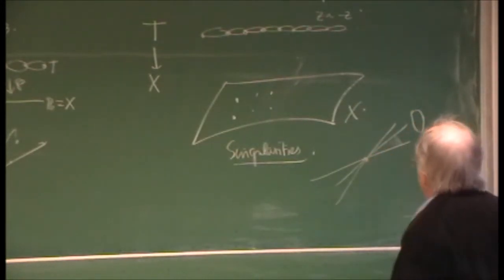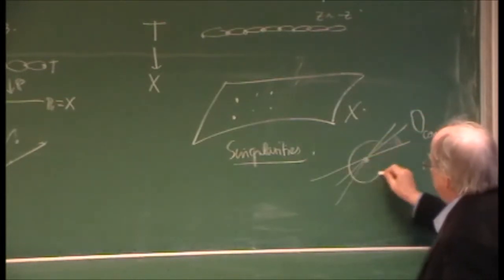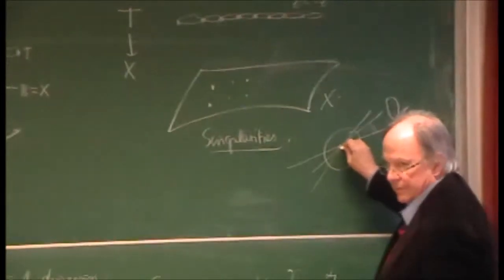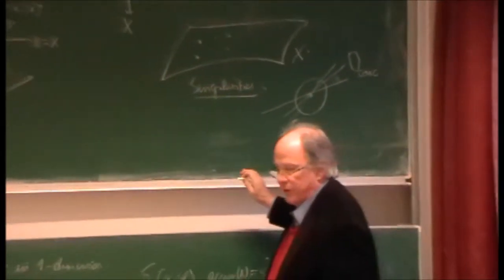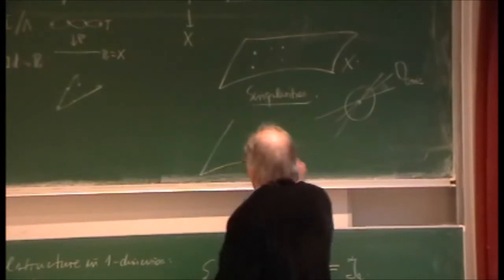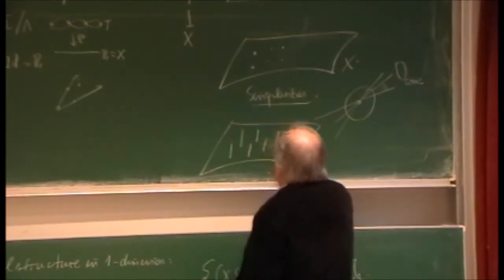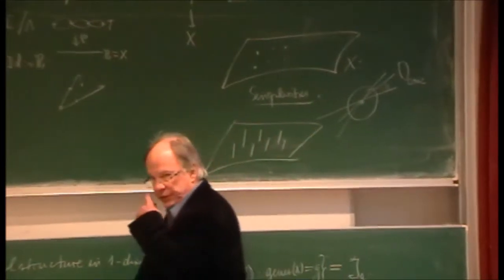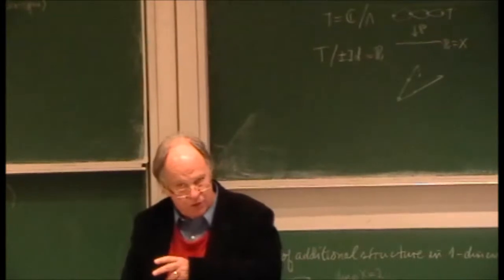Put a smooth conic in P2, go to P3, and look at the cone. That's the singularity. So these singularities are not bad, and everybody knows how to blow them up. So you blow these up and you get a smooth surface, and this surface is a K3 surface. It's called a Kummer surface.